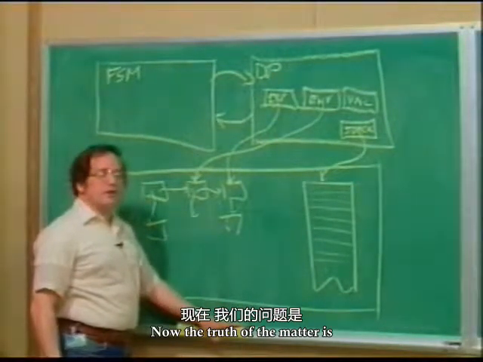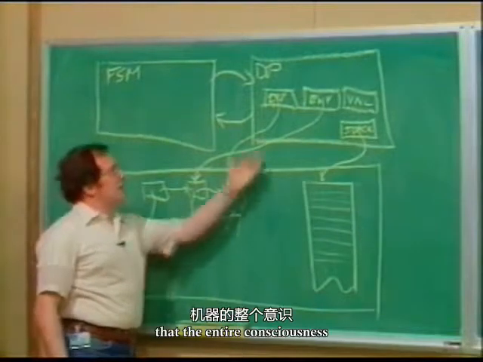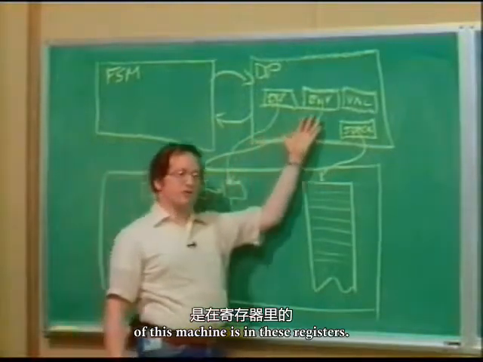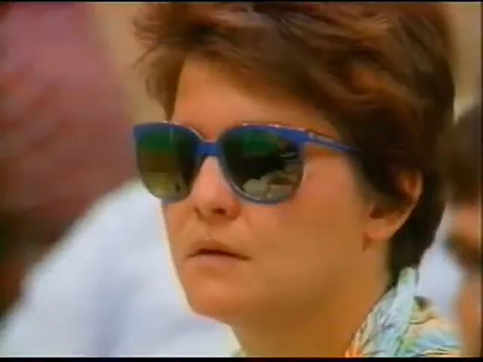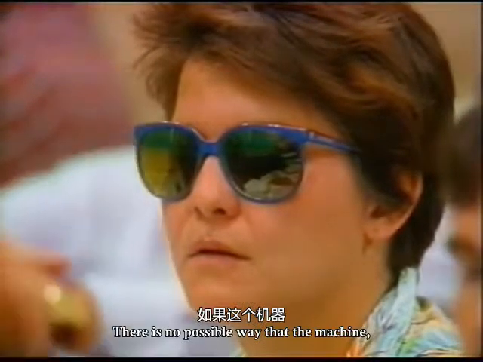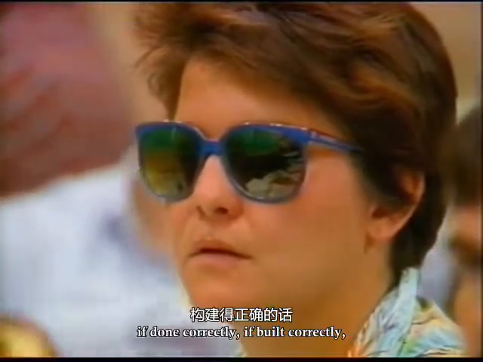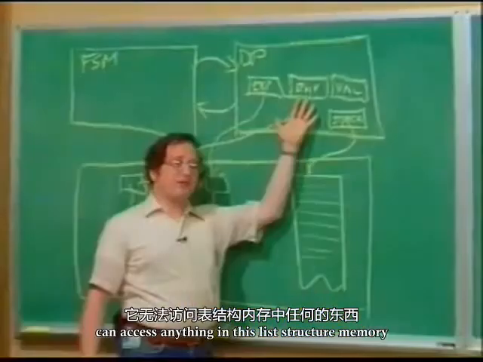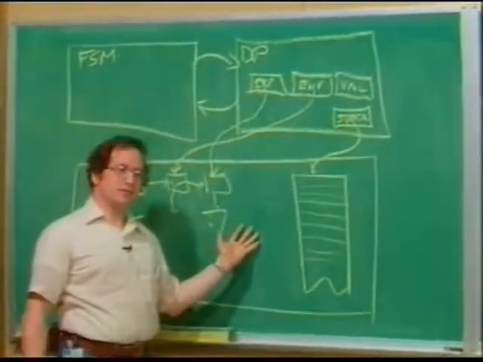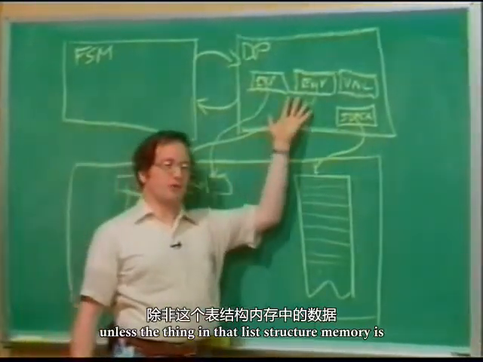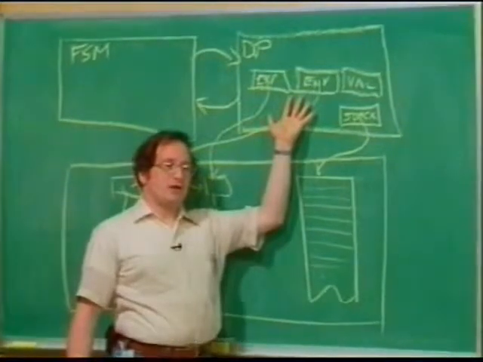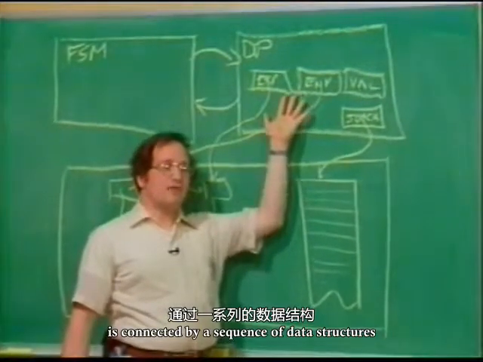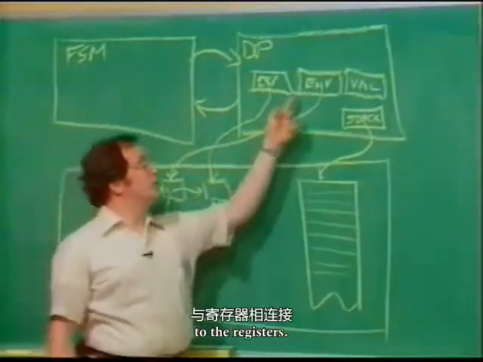Now, the truth of the matter is that the entire consciousness of this machine is in these registers. Okay? There is no possible way that the machine, if built correctly, can access anything in this list structure memory unless the thing in that list structure memory is connected by a sequence of data structures to the registers.